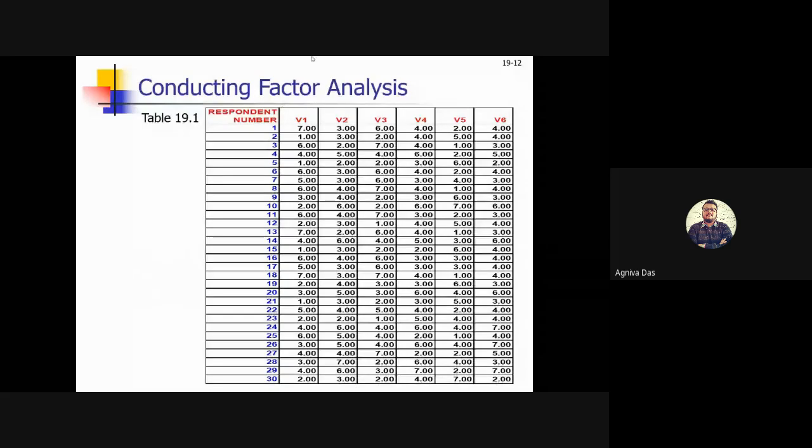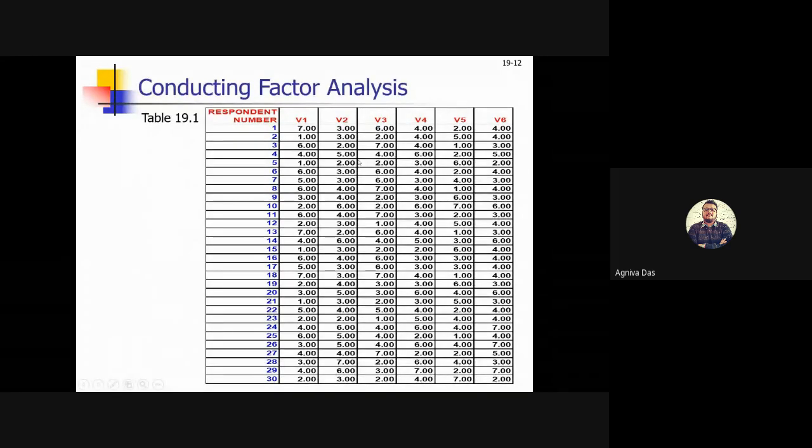He is more or less neutral to number 2, agreeable to number 3, somewhat agreeable to number 4, somewhat disagreeable to number 5, and somewhat agreeable to number 6. From respondent number 2, you can see that he's severely disagreeing to statement number 1, neutral towards number 2, and so on.